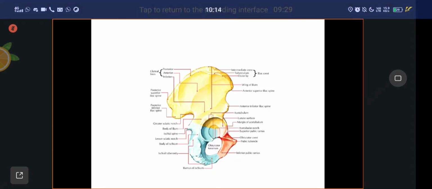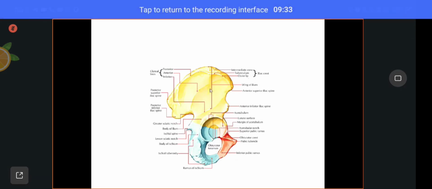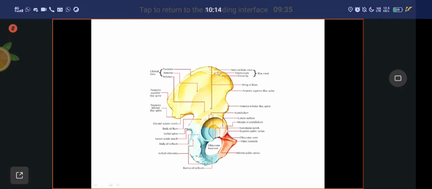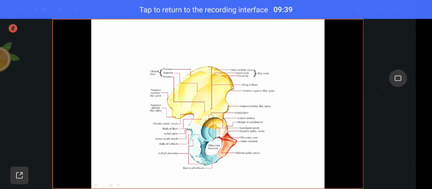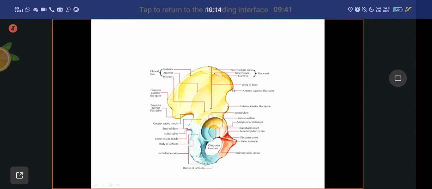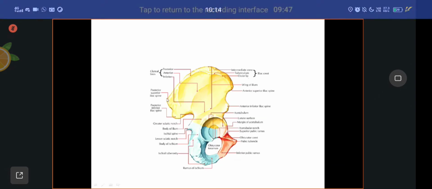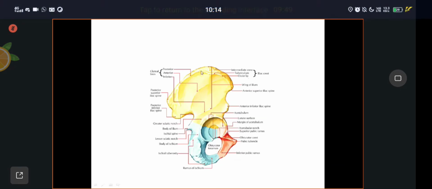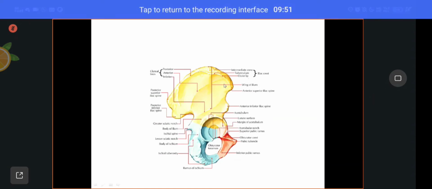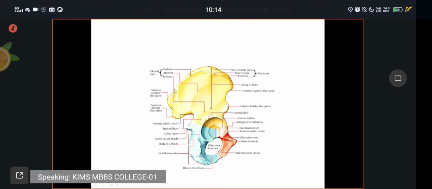Then you can see this is somewhat S-shaped, convex outwards. This iliac crest is divided into ventral 2/3 and dorsal 1/3. Dorsal means behind.